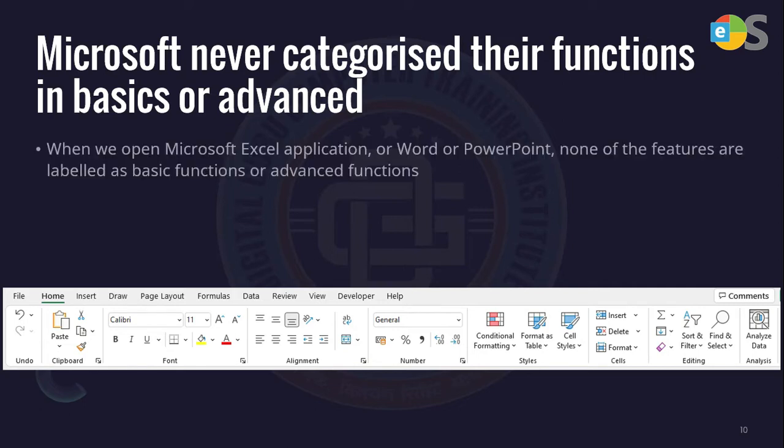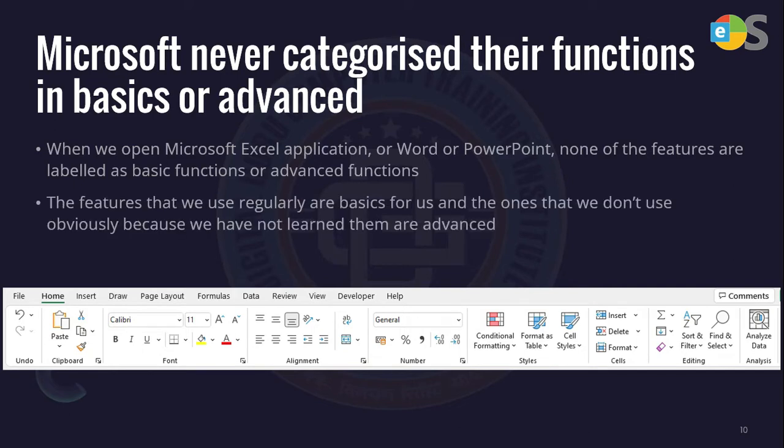When we open Microsoft Excel, Word or PowerPoint, there is no feature labeled as a basic function or an advanced function. The fact is that the features we use regularly are basics for us, and the ones that we don't use, obviously because we have not learned them, are advanced.